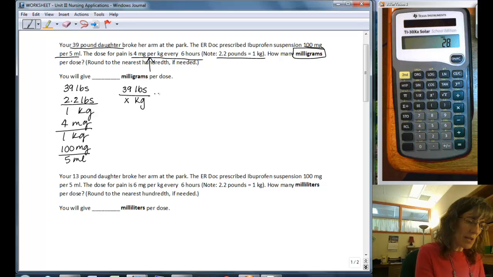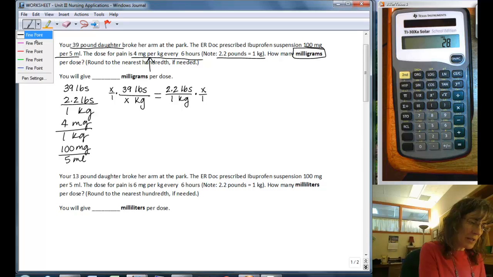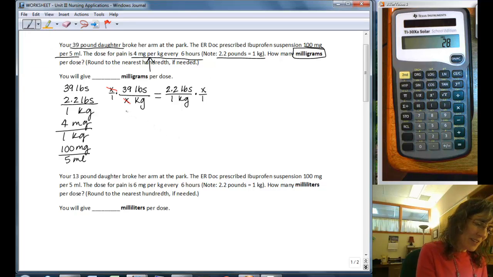So 39 pounds equals X kilograms equals, then I can use my conversion, and it's pounds over kilograms too, so I'll just keep it in the same order. Pounds per 1 kilogram. So multiply both sides by X, and my X's go on the left, and my 1's would go on the right, but they're insignificant.